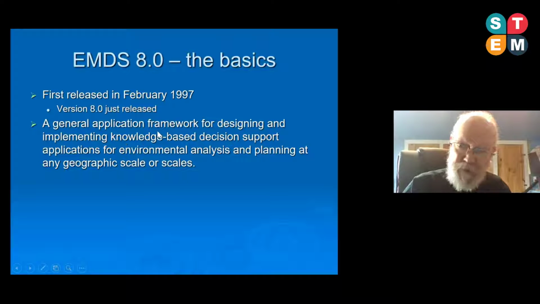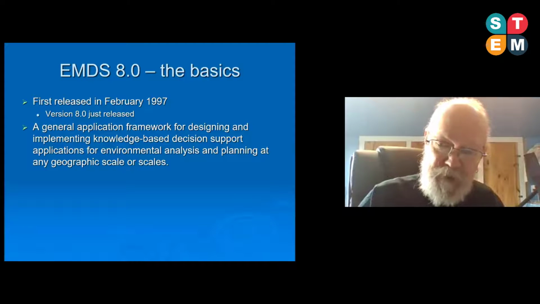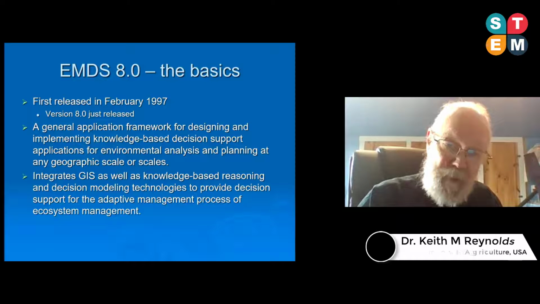And the framework idea is important. This is not your father's decision support technology that is built to solve a very particular problem. It's a technology for building decision support systems. It integrates geographic information system technology as well as a variety of knowledge-based reasoning and decision modeling technologies to provide decision support, basically for an adaptive management process.